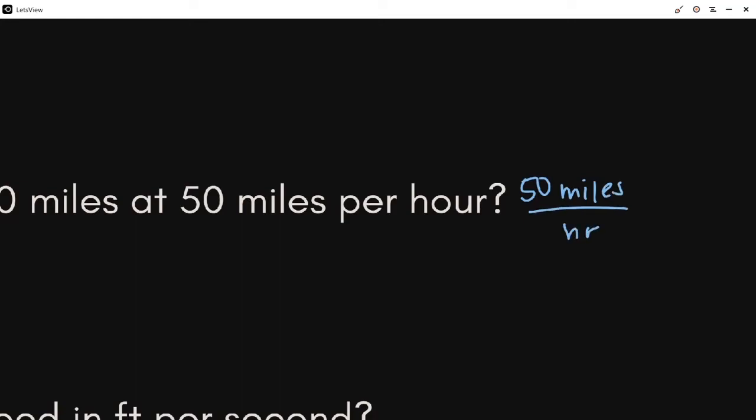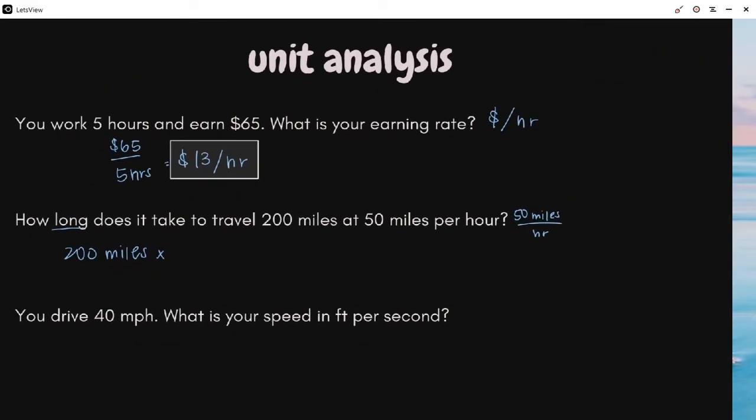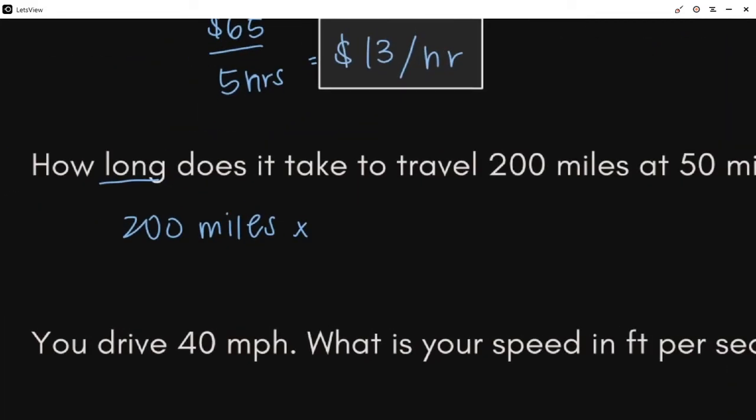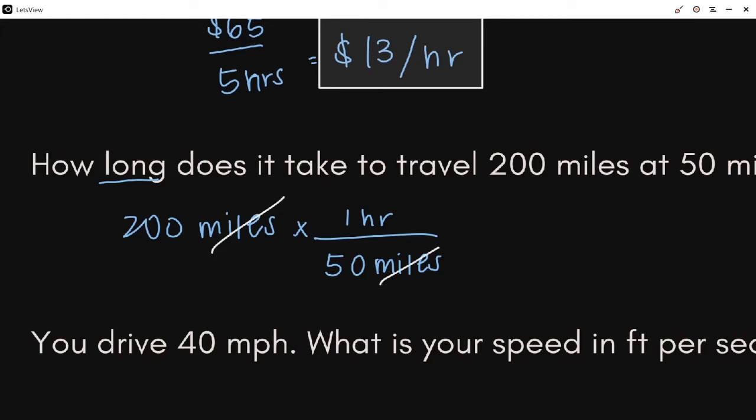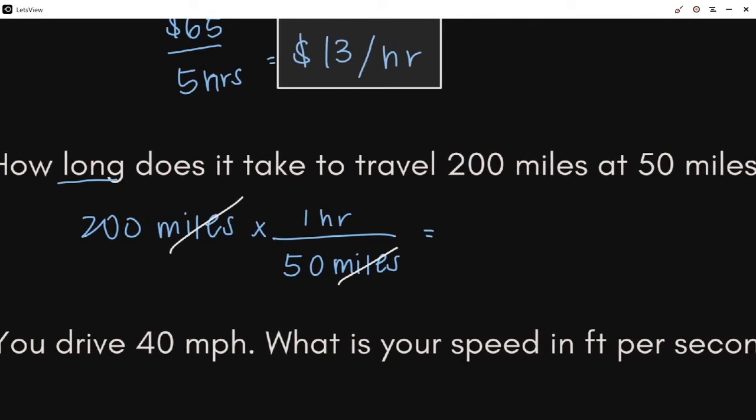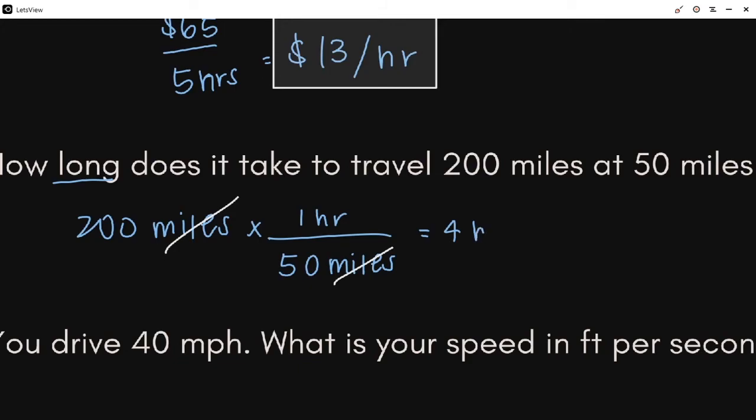And because it's a rate, you can actually flip it so that the units will cancel out. So since we started with 200 miles, we want miles on the denominator so that miles will cancel out, and then on the top would be the time, which is hours. So right here, miles will cancel out. So we really are doing 200 divided by 50, which is 4. So the answer would be 4 hours.